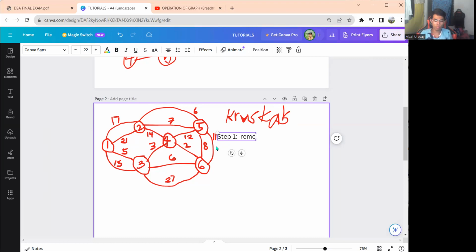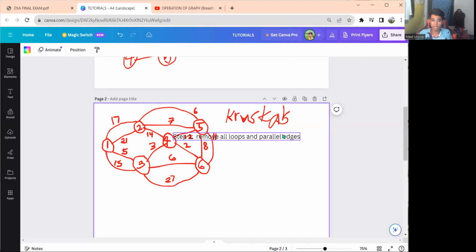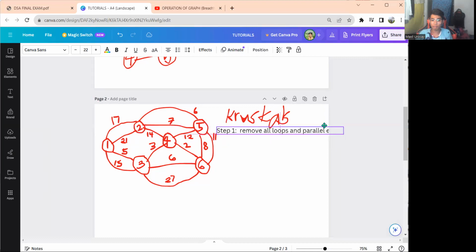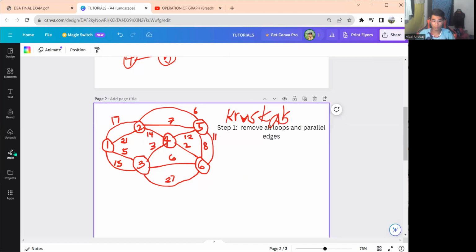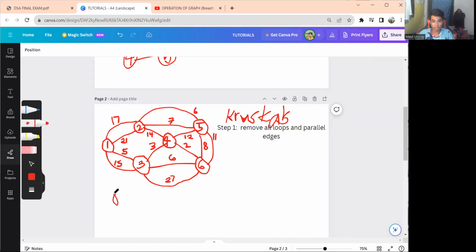So remove all loops and parallel edges. So when we say parallel, class, what is that? It means duplicate. From the word parallel, there are two values in that vertex, for example vertex 0 and 1, there are two connections, two paths, so it is parallel, like that.